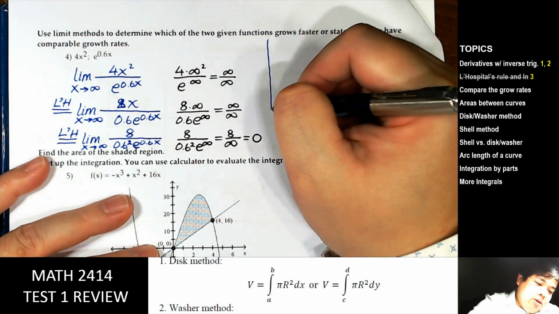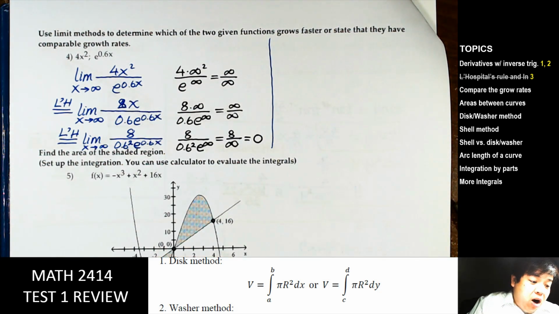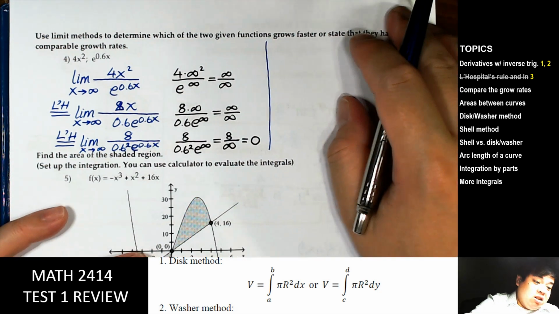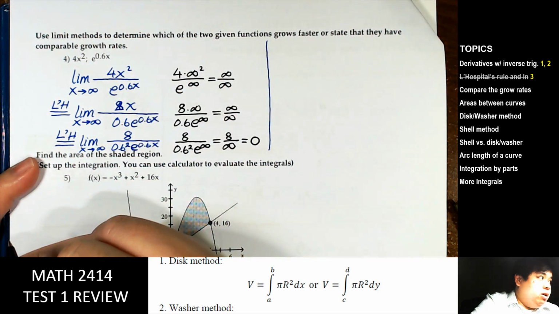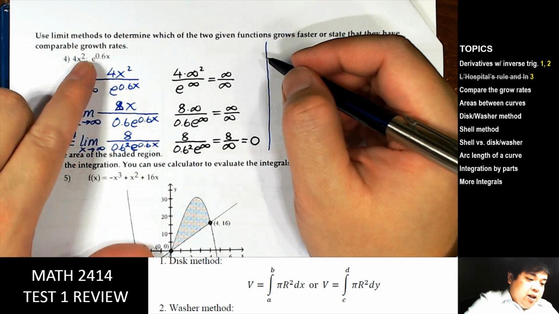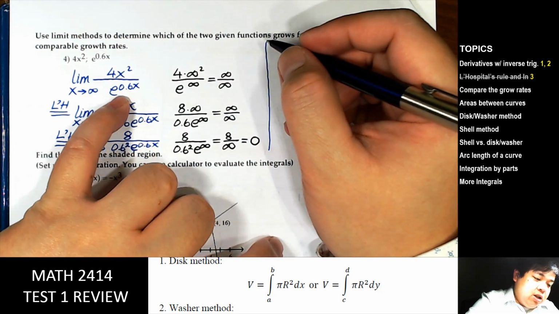Now if it is a fraction that goes to 0, meaning that the bottom will have to go to infinity faster than the top. So e to the 0.6x goes to infinity faster than 4x squared. The bottom goes to infinity faster. This is the bottom.